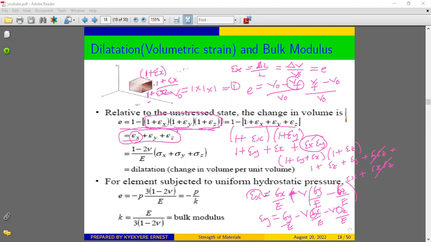We substitute this epsilon x and epsilon y into this equation. Then we simplify. Let me just clean this space and try to do some simplification.